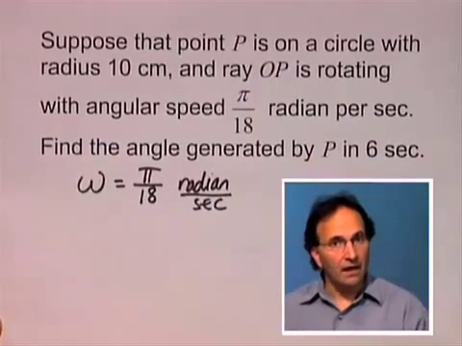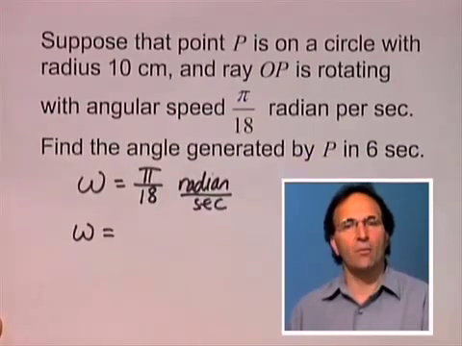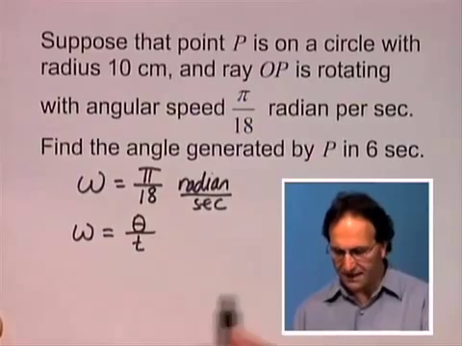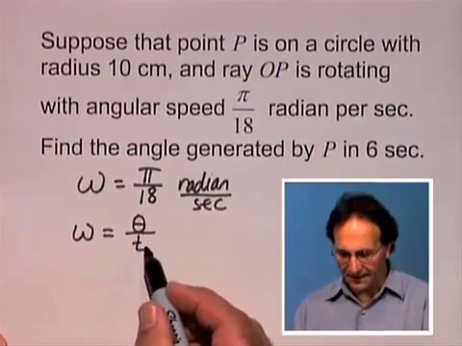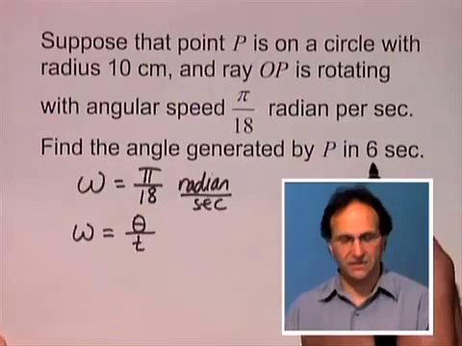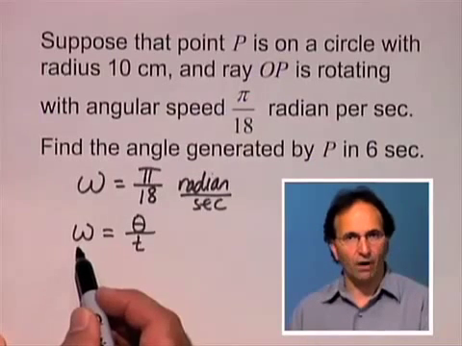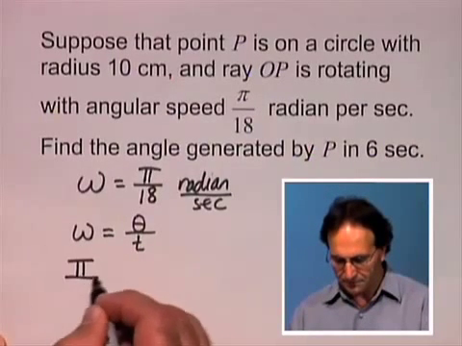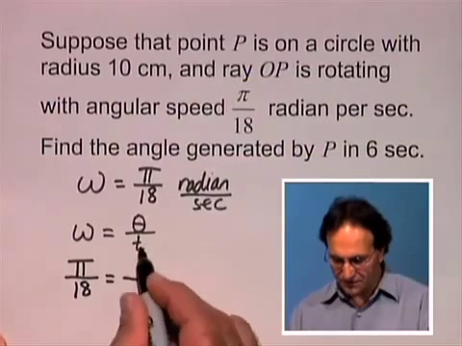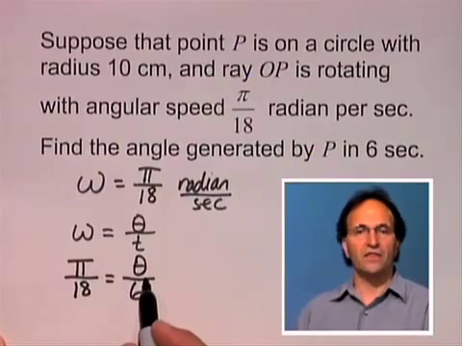Now, the formula for omega is that omega equals theta divided by t, the angle divided by the time. Now, the time we've been given is 6 seconds. So we can substitute pi over 18 for omega. We can substitute 6 for t, leaving us the variable theta.